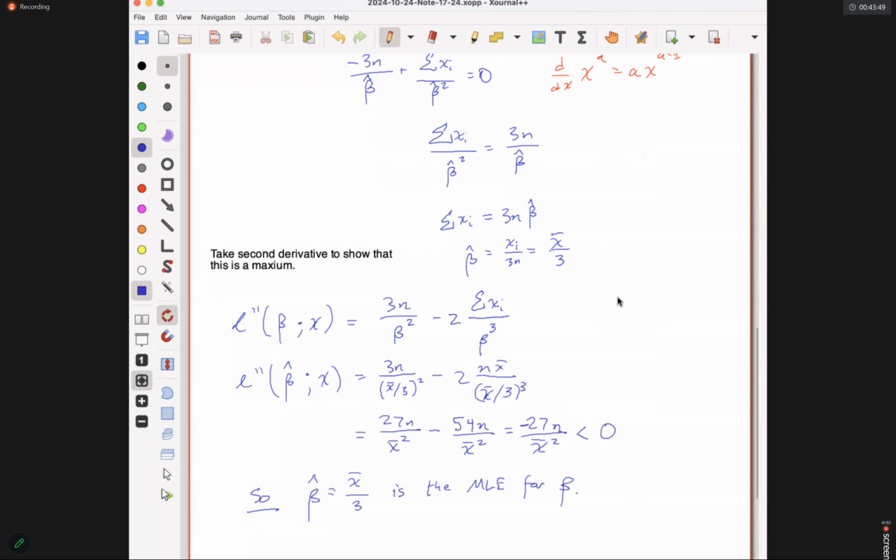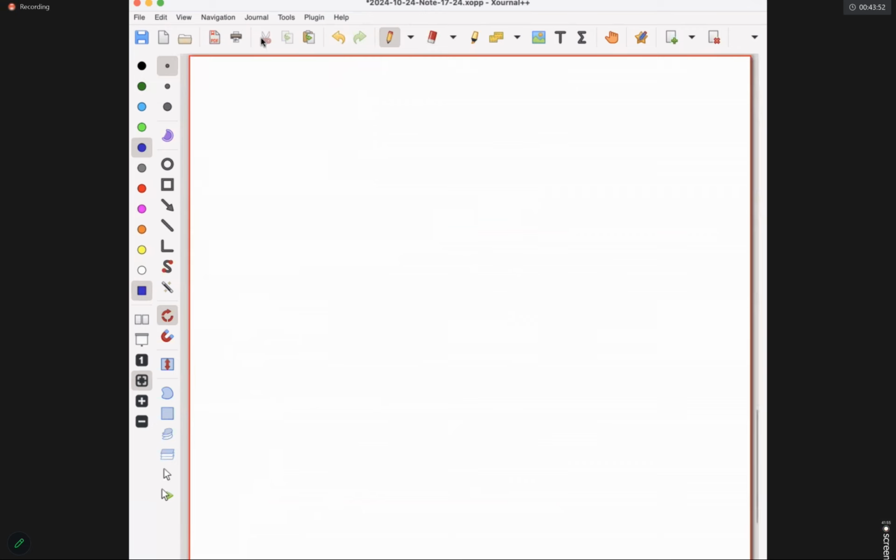Okay. And now we want to know whether beta hat is a consistent estimator of beta. What does it mean for an estimator to be consistent?